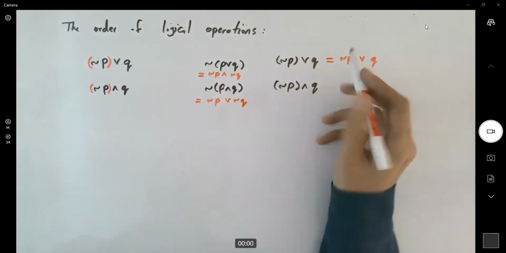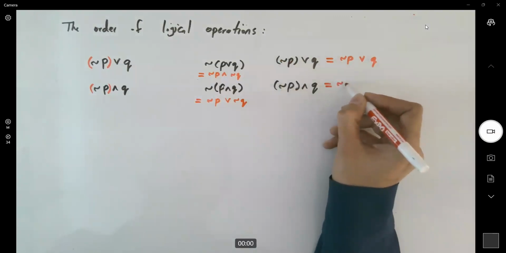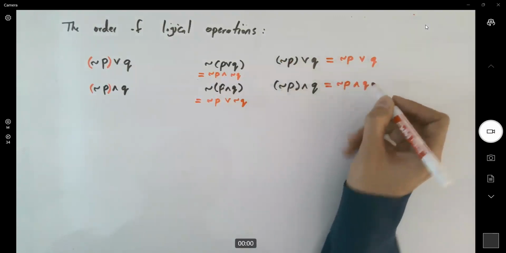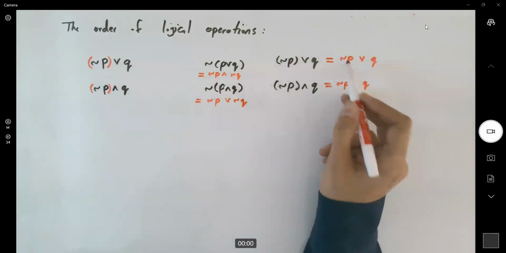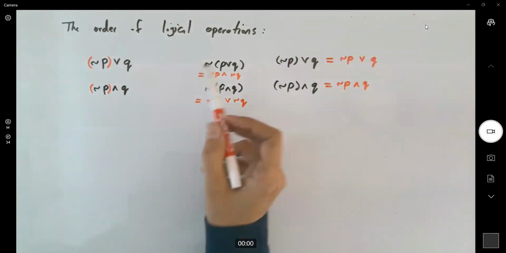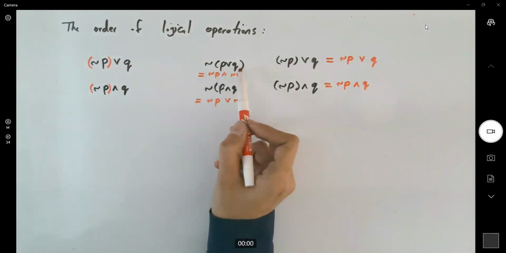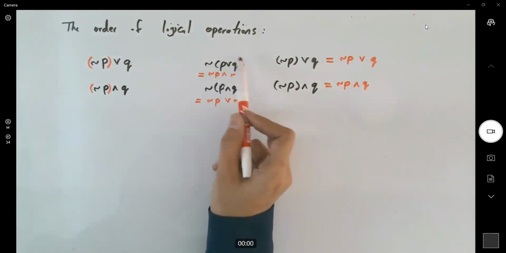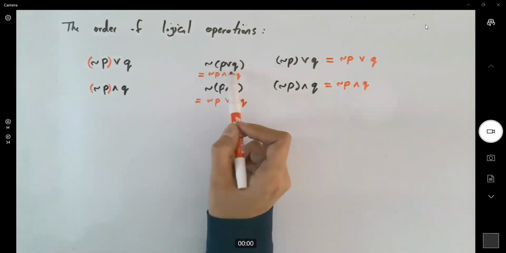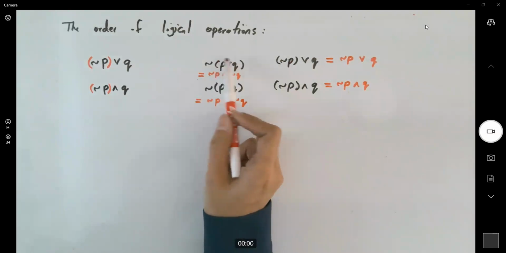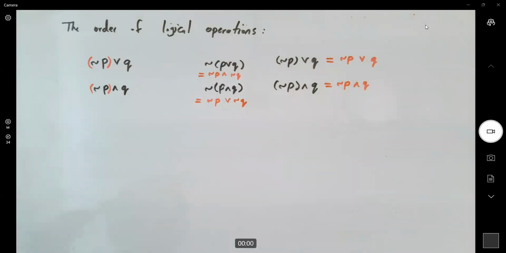So instead of using parentheses, you're just going to write it as not P and Q. It's already understood not belongs to P. However, if you have parentheses, it means that the compound statement you're working with is already inside the parentheses.